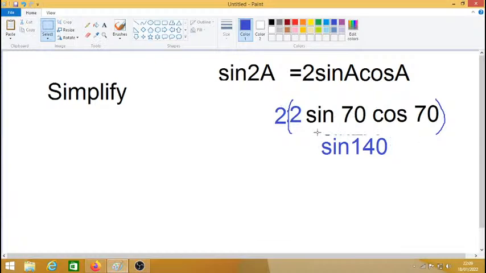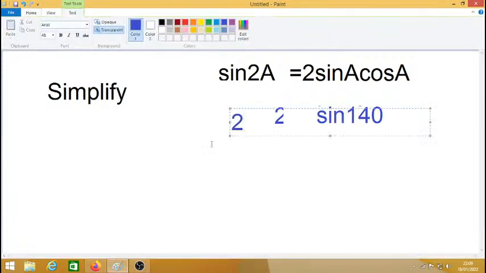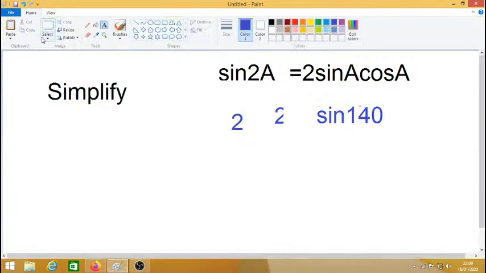So all of this can be replaced by sine of 140. Get rid of the brackets and just bring the 2 closer. Let me just rewrite the 2. And there's your final answer.